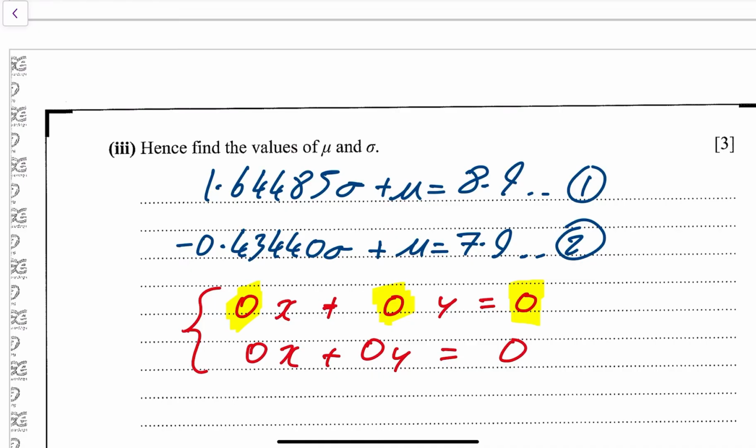You have to actually type 0 in. And then the next one, type in minus 0.43440. Press equals. So it's now shifted across to here, and you type in 1, press equals.